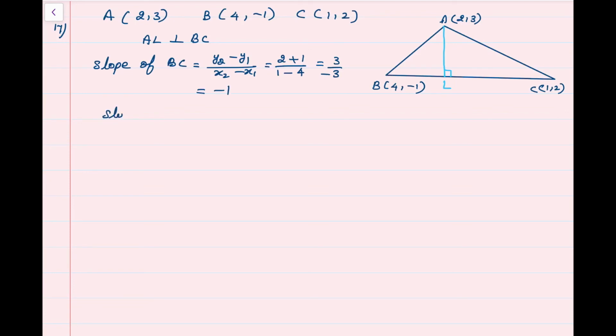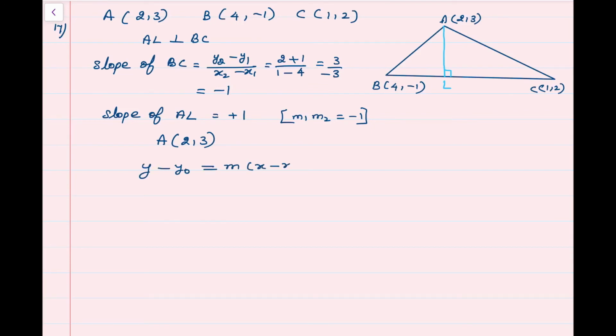From this we can write the slope of AL, because AL is perpendicular to BC. Change the sign and write the reciprocal. And we know one point A on this line.